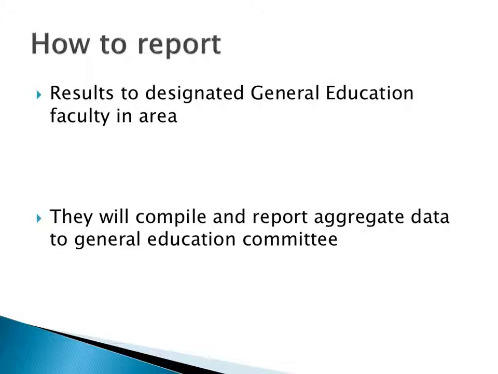And the Gen Ed committee is looking at basically the results of the aggregate data. So we don't want to see an individual instructor's results, and we don't want to see an individual class's results. We want to see the aggregate data for each of those categories and each of the courses. And once we've compiled all that data, then we'll get a chance to go back and look at it and see how we're doing in the degree qualification profile mappings.